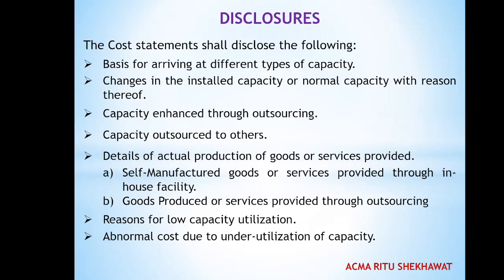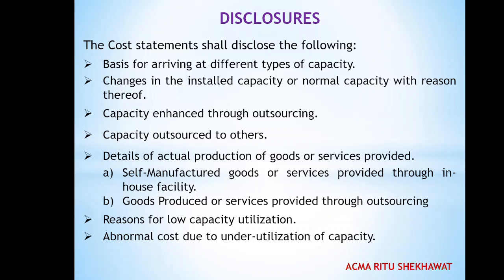There is an impact on installed capacity. If a machine gets old, its capacity also goes down. If you purchase a machine, the installed capacity on the first day is different after 1 year, because the performance of the machine goes down as it becomes old. So there will definitely be changes there.